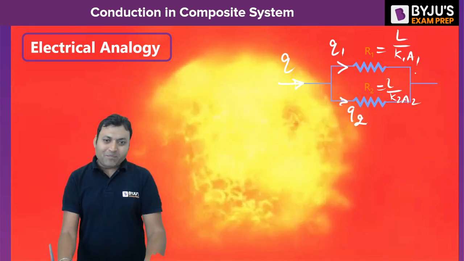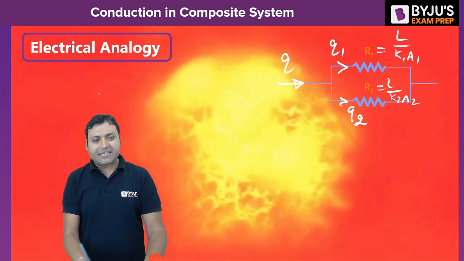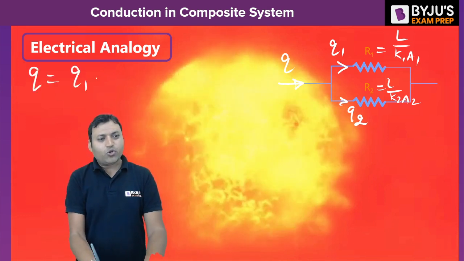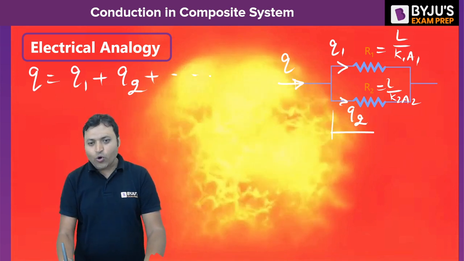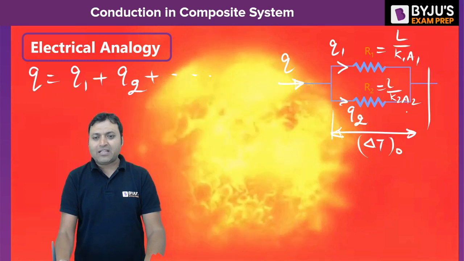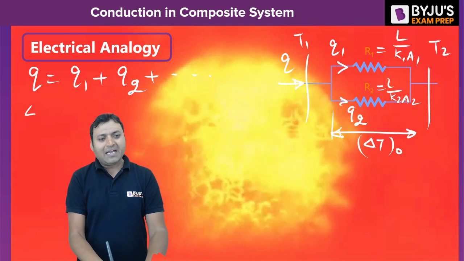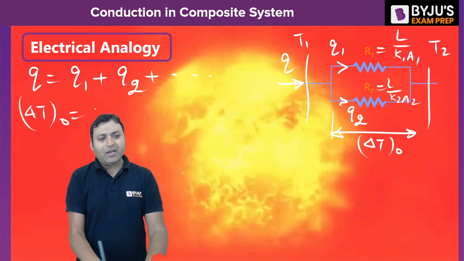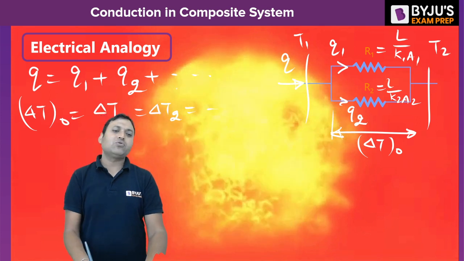So from the parallel circuit diagram, we can say Q is equal to Q1 plus Q2 plus Q3 and so on. And overall thermal potential, delta T overall, will remain the same. This is T1, this is T2. So delta T overall will be equal to delta T1 is equal to delta T2 and so on.